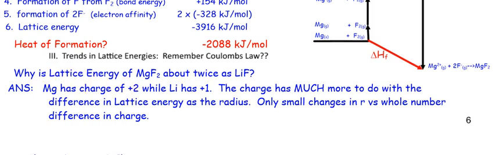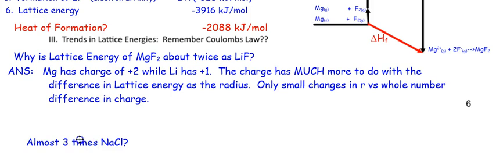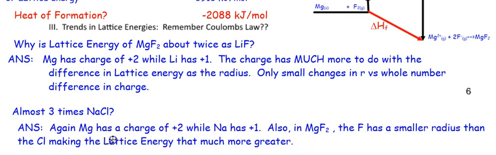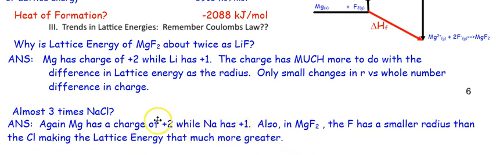But what about the next one? Why is it almost 3 times the size of sodium chloride? Again, we're talking about the fact that magnesium has a charge of 2+, while sodium has +1. So that is part of it. But what's the other part? Not only do we have a bigger charge, fluoride is smaller than chloride. Before I was talking about fluoride and fluoride, so that didn't make a lot of difference.